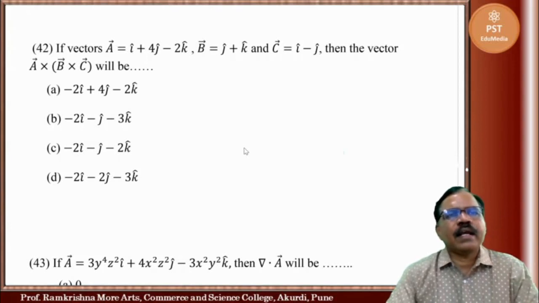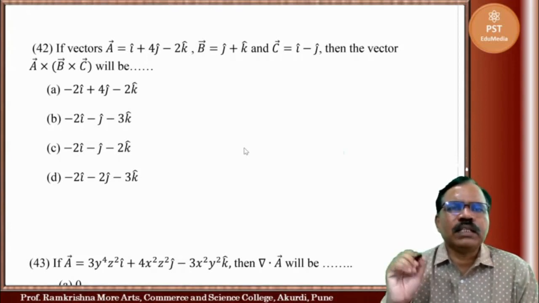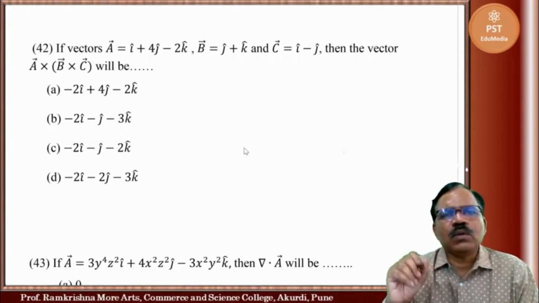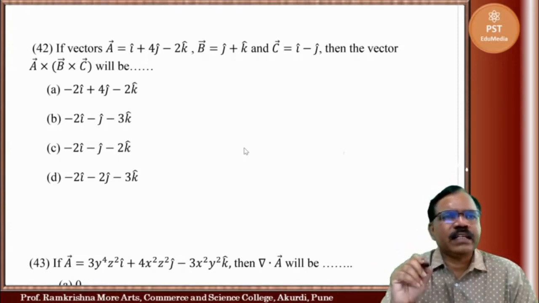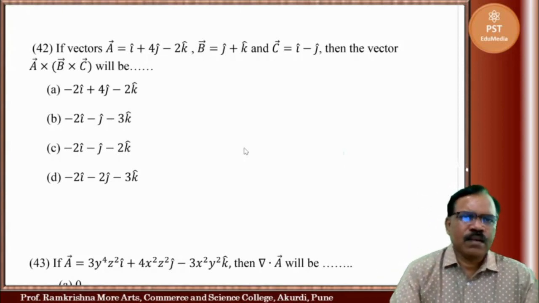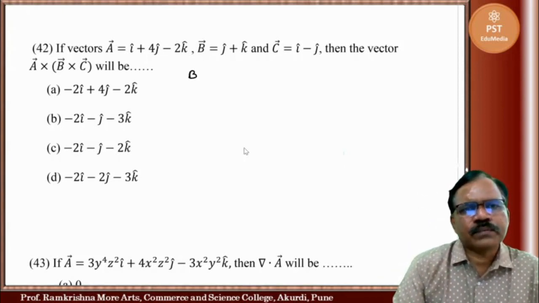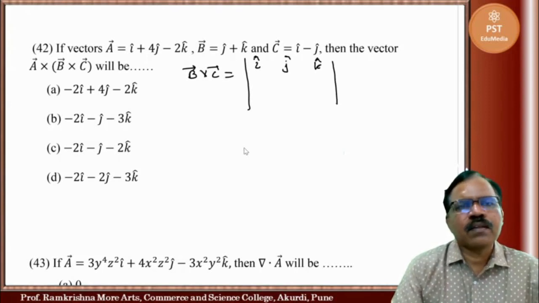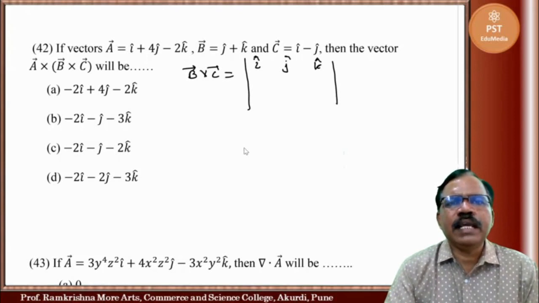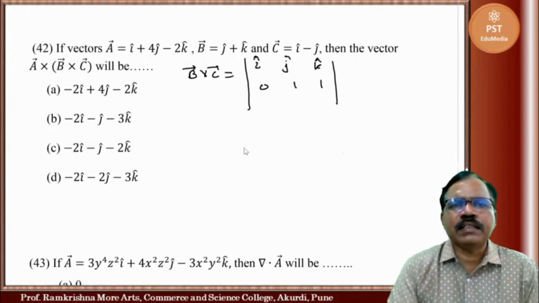Now a is equal to i plus 4j minus 2k, b equal to j plus k, c is equal to i minus j, then the vector a cross b cross c will be. First we will find b cross c. B cross c is equal to i, j, k. Now what is b? B is j plus k, so 0, 1, 1, and c is i minus j, so 1, minus 1, 0.